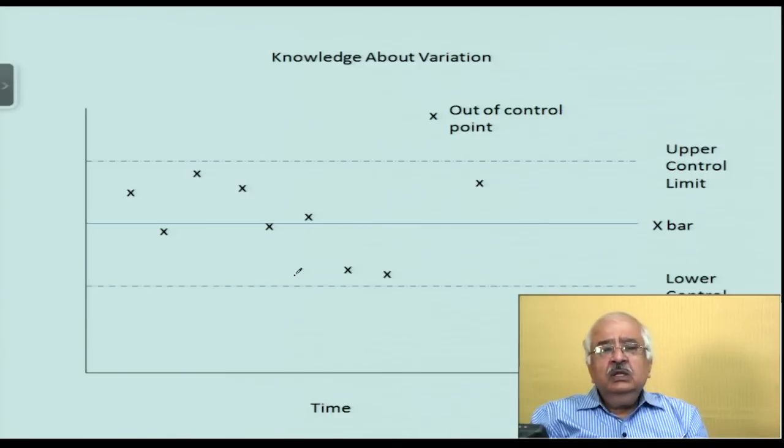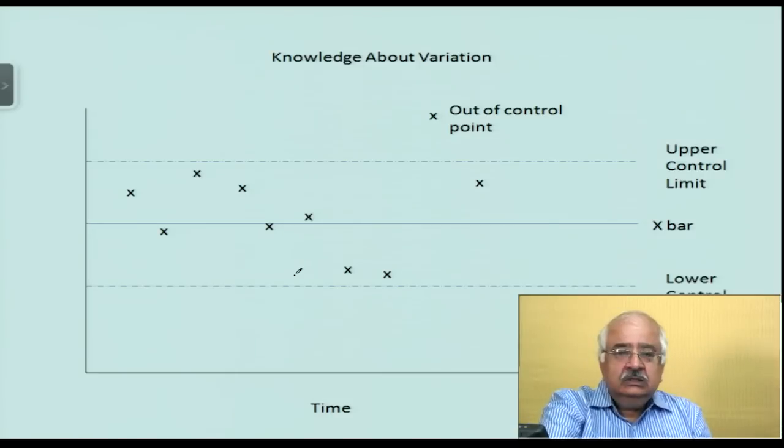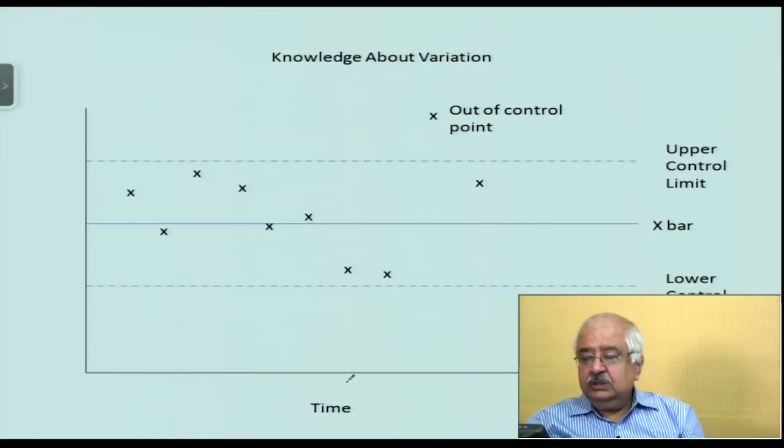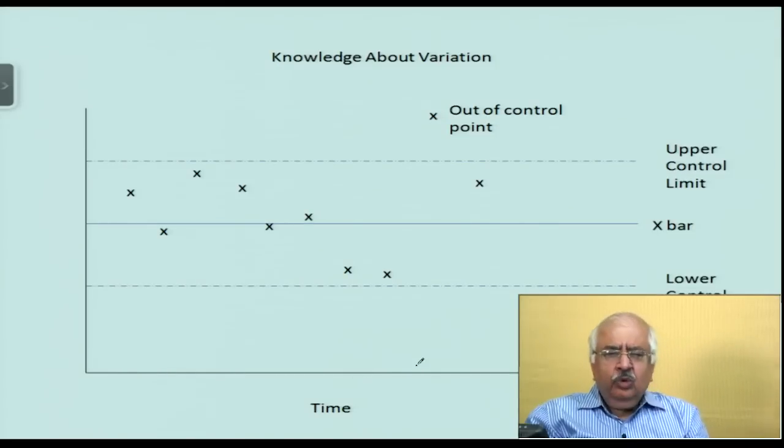The other thing that we observe is that it is important to plot these points of performance over time, because by plotting these over a period of time, we come to understand how the system is actually behaving, and that is very important.